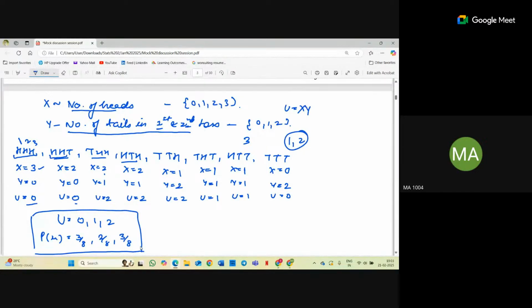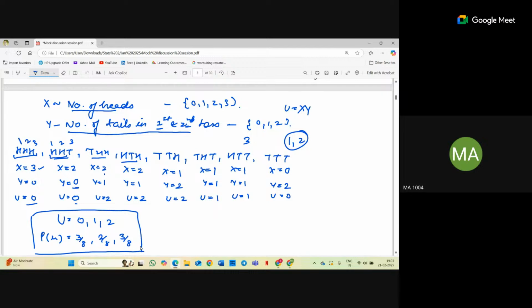Let me ask, what is the value of x here? Is it 2 or not? Yes, x equal to 2. Now this is my first toss, this is my second toss, and this is my third toss. What is y stating? Here it is telling y equal to 0.